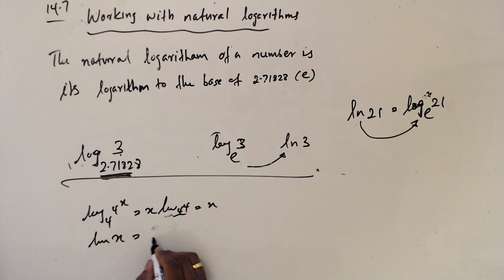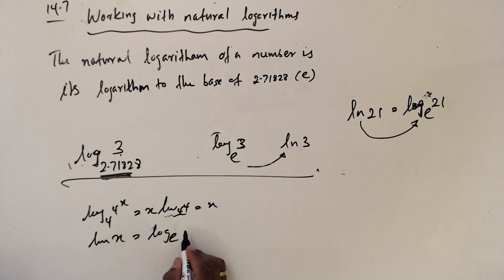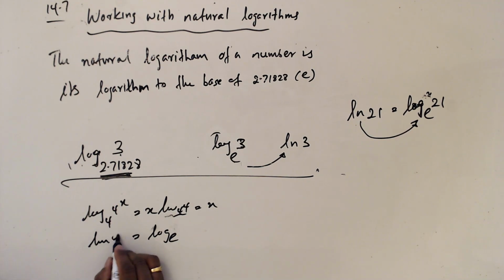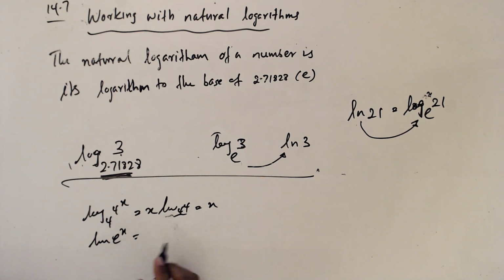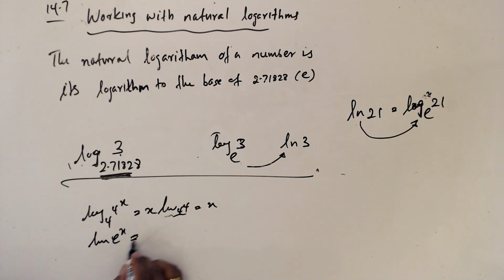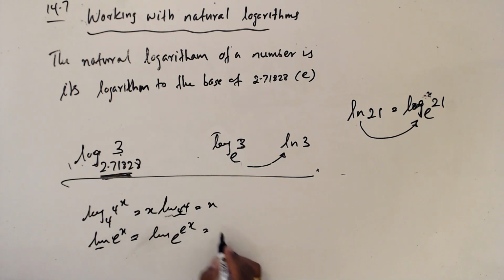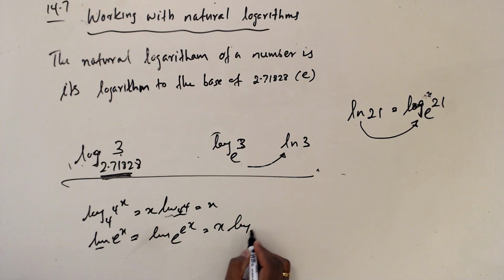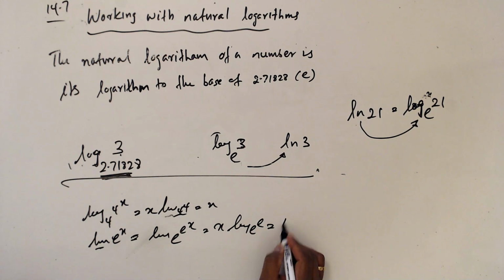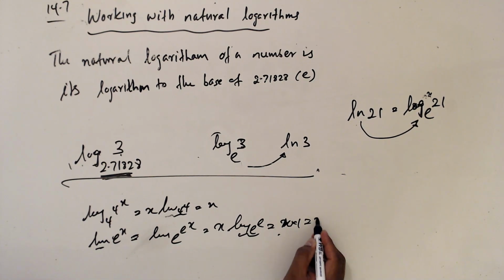Because ln of e to the x means log base e of e to the x. It means x times log base e of e, so this is going to be 1. So x times 1 equals x.